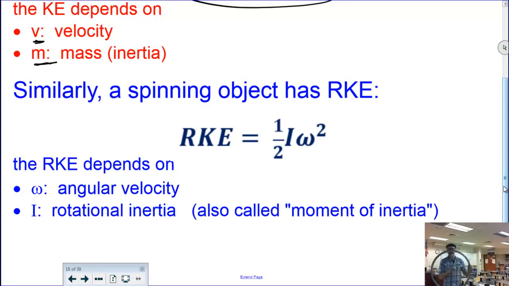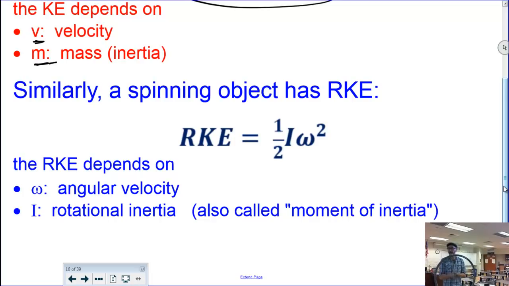Like if I spin this wheel, it's not technically moving, so it doesn't have kinetic energy, but the individual particles of the wheel have mass and they have velocity, so the individual particles have kinetic energy, right? So what we do is we sum those kinetic energies together to result in what's called rotational kinetic energy.